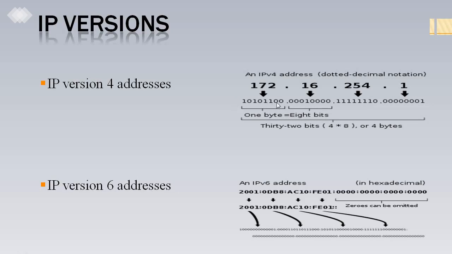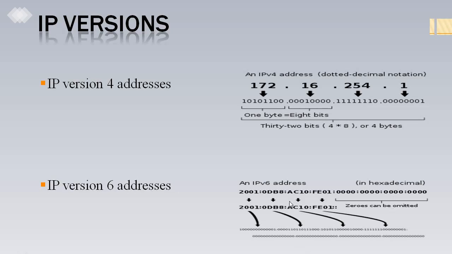So here you can understand how 1 byte is equal to 8 bits. 32 bits is 4 times 8, or you can say 4 bytes. So here is the notation of our IP version 4, and here is IP version 6. This shows hex, in the form of hexadecimal, and the zeros can be omitted.